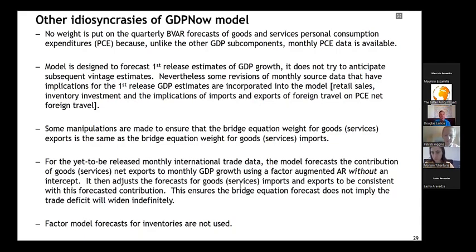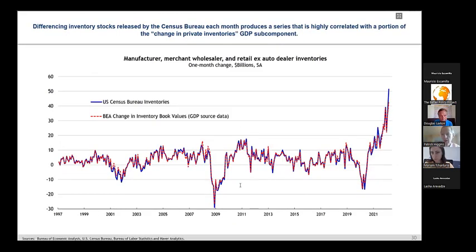There's one subcomponent that doesn't use the factor models at all, and that is inventory investment. And the reason why is there is source data on estimates of changes of inventories from book value changes. So these are two series.